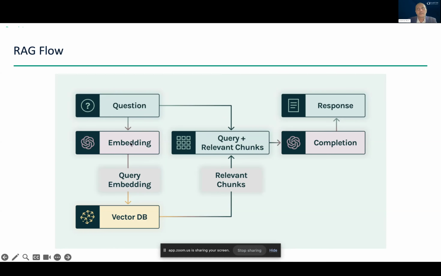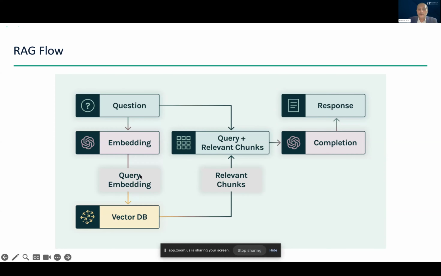Embedding, if you remember, is fundamentally a mathematical representation of chunked text, and we call it a query embedding. We have something called a vector DB. A vector DB is like any other database. For example, you have SQL databases where you store data, numbers, and so on. A vector database is primarily designed for storing embeddings, which are chunks of text data to be precise.